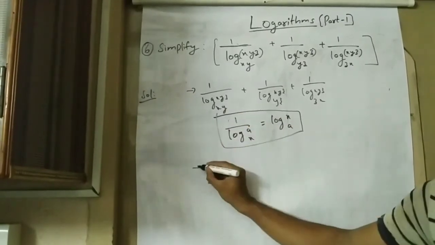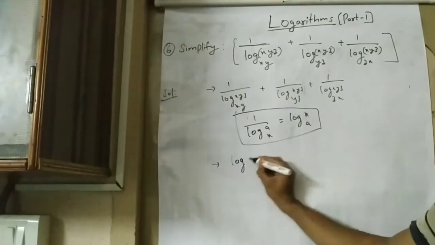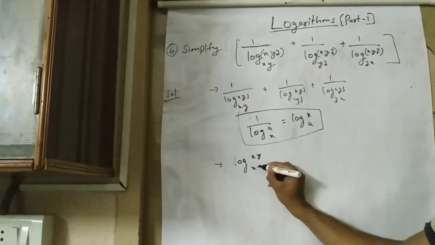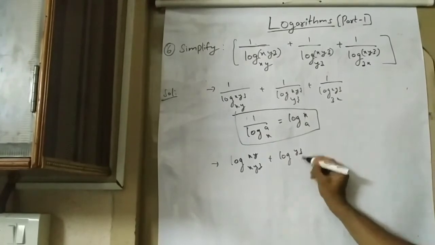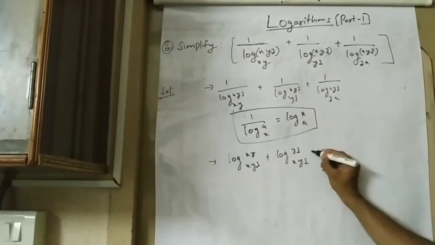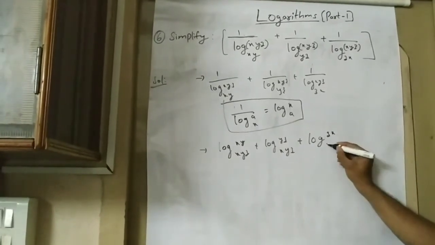So here, 1 by log xyz base xy will be log xy base xyz plus log yz base xyz plus log zx base xyz.